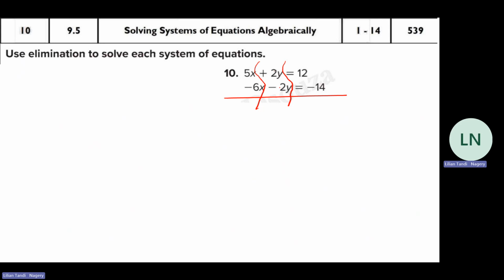So because they're opposites, I will minus. No, I will add. Because they're opposites, I will add. So positive 2 plus negative 2 becomes 0. 5 plus negative 6 becomes negative x. And then this one becomes negative 2.